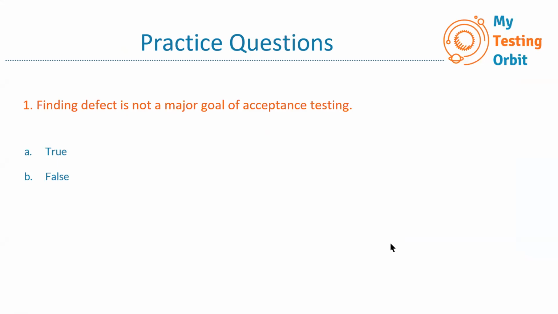Okay, Vineet is saying A, Jagriti A, Madhuri A, Denmark A, UV A, Jatin A, Sahana A. So all of them are saying A, which is true, and this is the correct answer. In acceptance testing, finding defects is never a major goal. So it's never one of the main objectives of acceptance testing. That's correct.